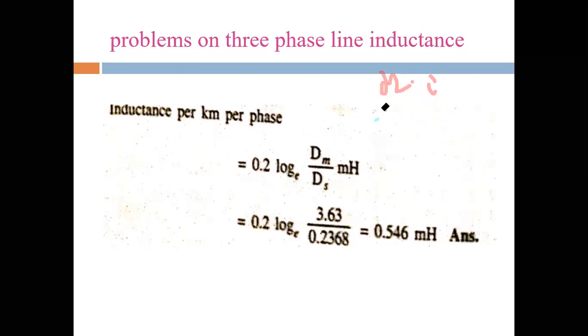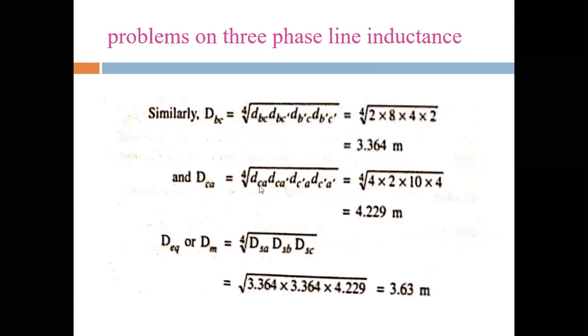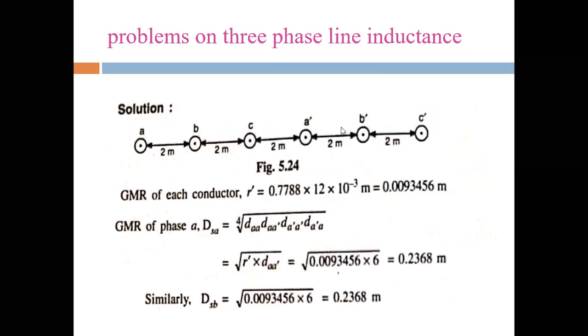But when the conductors are arranged in parallel, then by using these formulas we calculate the distances between A to A dash and also A to C dash. By using these formulas we calculate the Dm and Ds values. Okay, that is the difference between when the conductors are arranged in parallel and when the conductors are arranged in the horizontal plane.